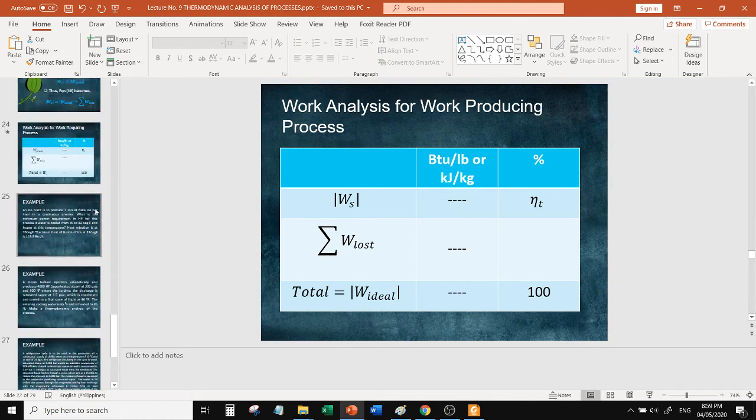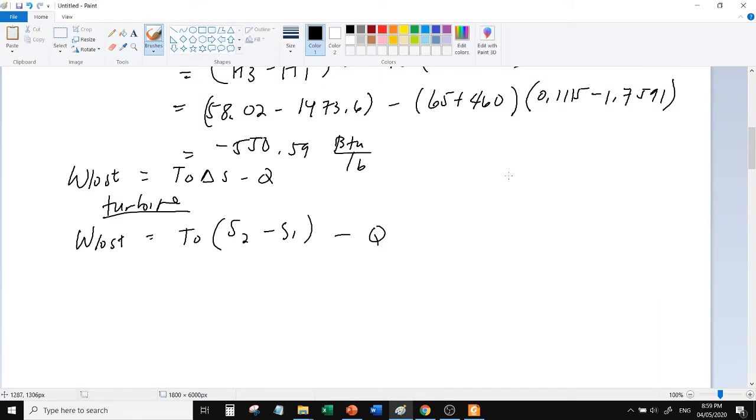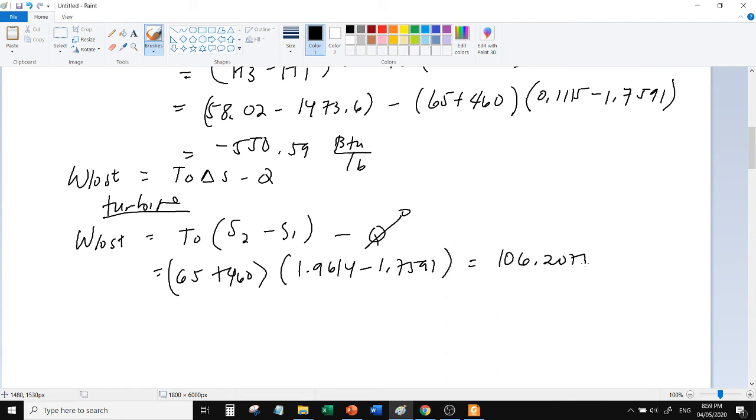Sinabi sa problem, operates adiabatically. So, 0 yan. Substitute na natin yung S2 minus S1. So, this is 106.2075 BTU per pound.